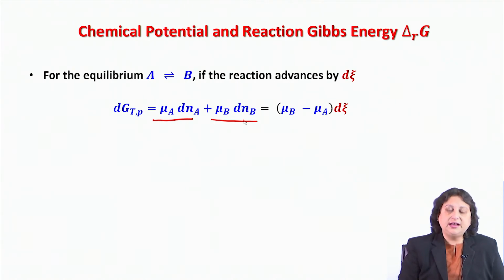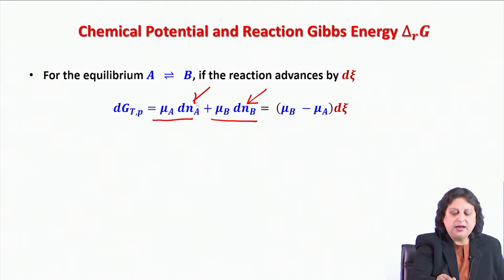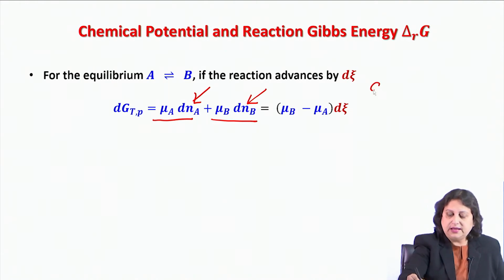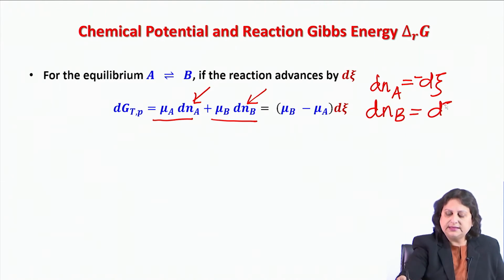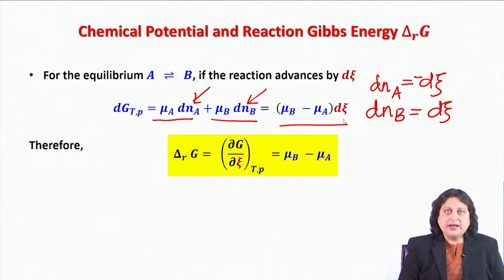Therefore, dG arises essentially from dNA and dNB. And here, if I replace dNA and dNB in terms of dξ by noting that dNA is equal to minus dξ and dNB is equal to plus dξ, I put it back in this expression and this is what I get. Very simple.